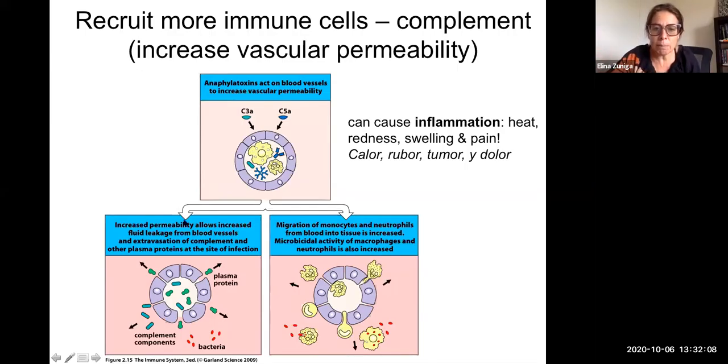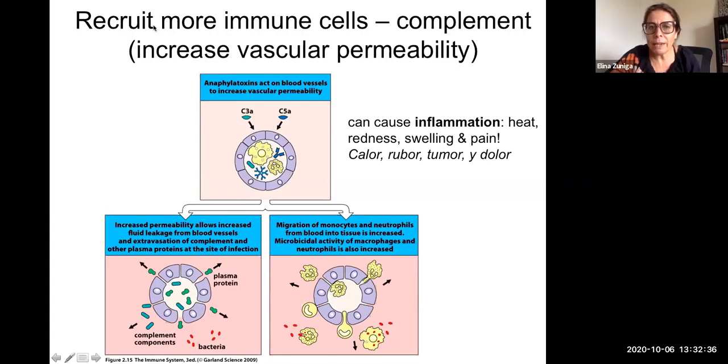And this increased permeability of the endothelium will allow increased fluid leakage from blood vessels and extravasation of complement proteins and other plasma proteins to the site of infection where complement has been activated and where these factors have been released, okay?